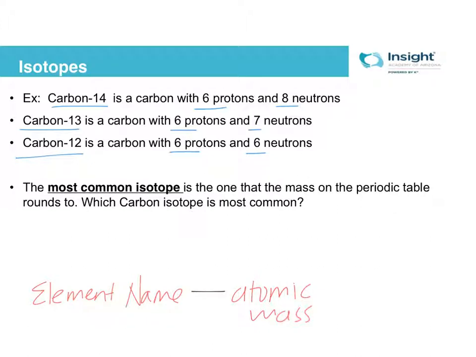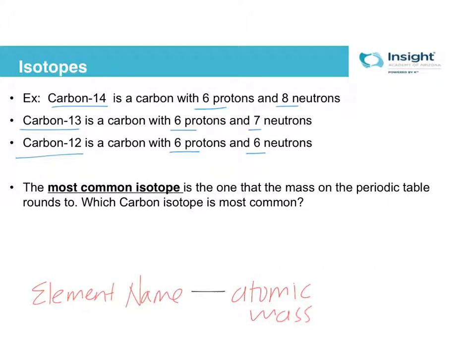All right, so now if you think about it, pause the video, open up a periodic table. All right, if your periodic table is precise at all, it's going to have the mass of carbon as like 12.011. All right, now I'm going to explain in a second where those decimals come from, but before, when we were doing calculations about figuring out neutrons from the atomic mass, we would always round that number to the nearest whole number.